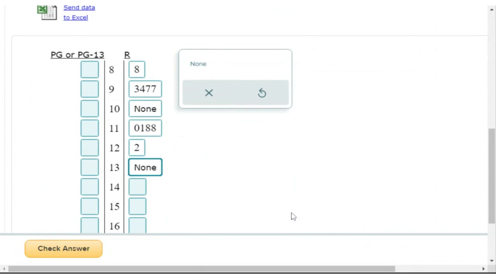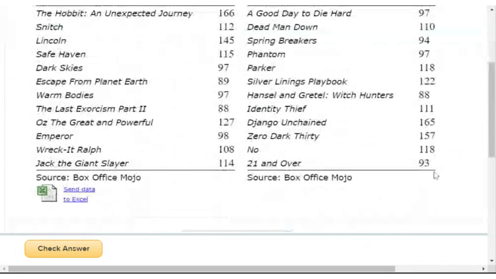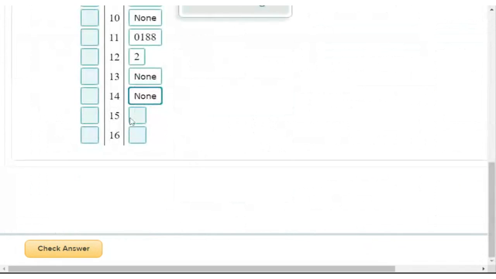There's nothing that begins with 14. There's only one that begins with 15 and one that begins with 16. So this is 15.7 and 16.5.